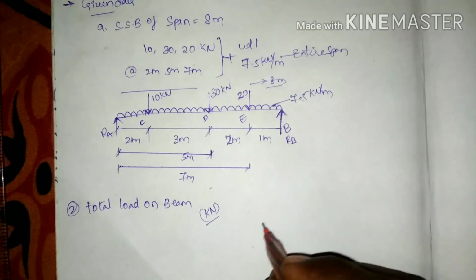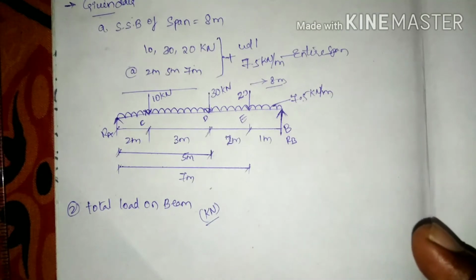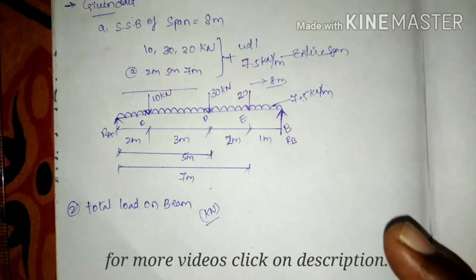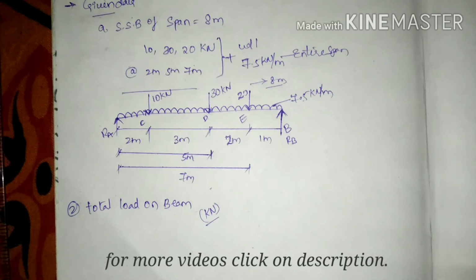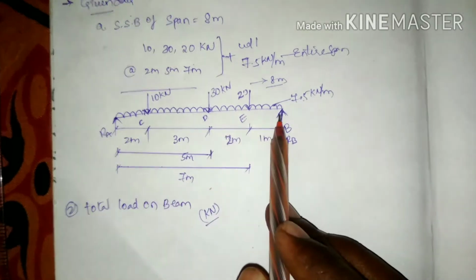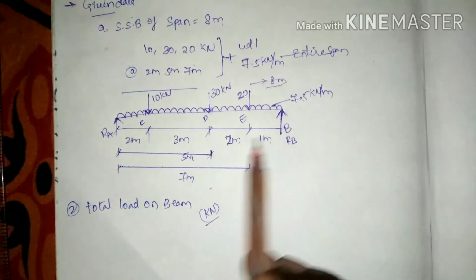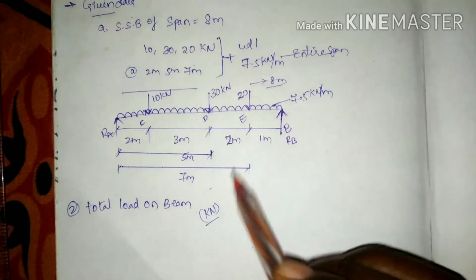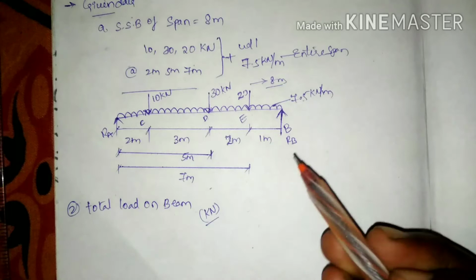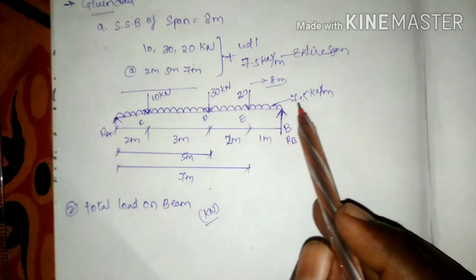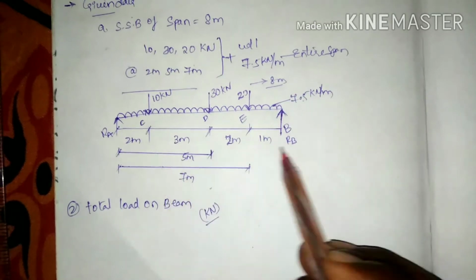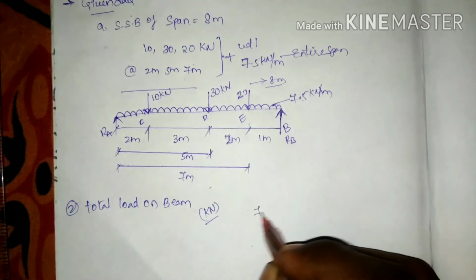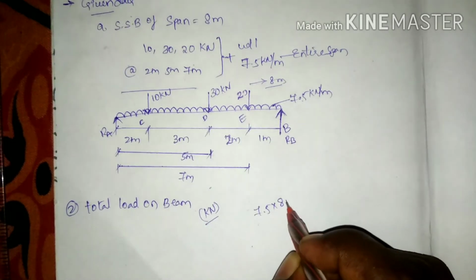How can we convert the UDL to a point load? By simply multiplying by the distance over which the UDL acts. Here the UDL acts for the entire span, that is 8 meters, so we multiply the magnitude of the UDL by the distance, that is 7.5 into 8 meters.